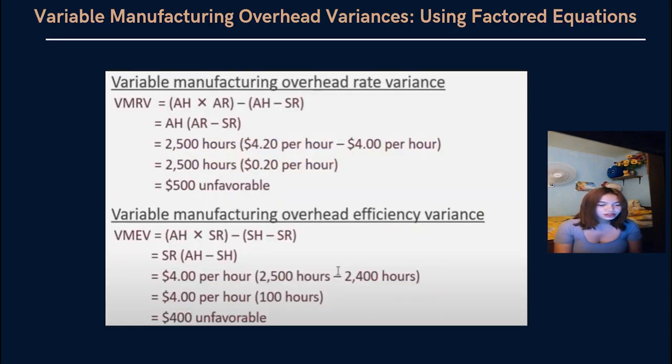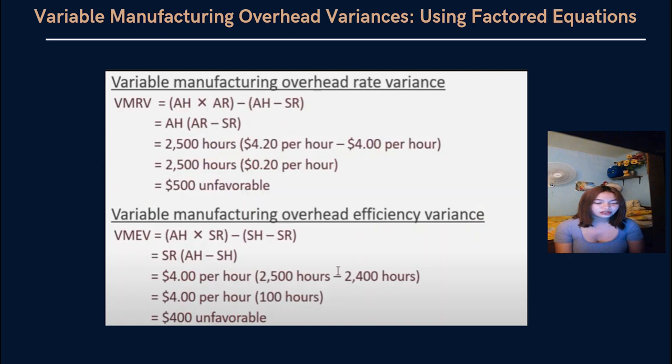Variable manufacturing overhead variances using factored equations. Variable manufacturing overhead rate variance equals 2,500 hours times $4.20 per hour minus $4 per hour, which is 2,500 hours times $0.20 per hour, equal to $500 unfavorable.